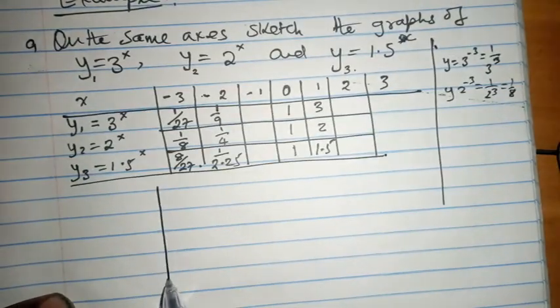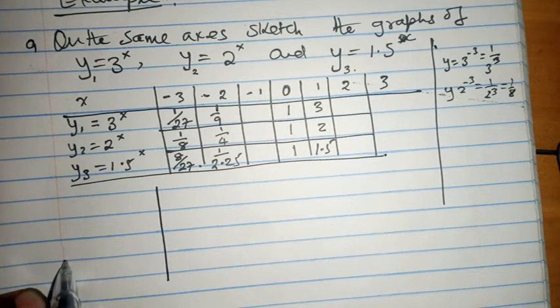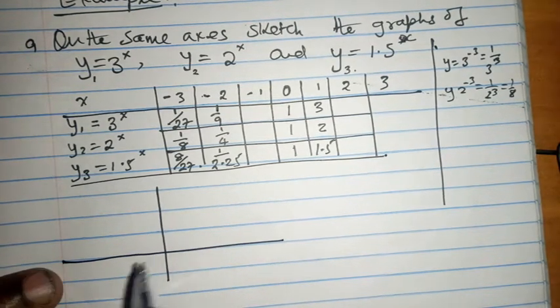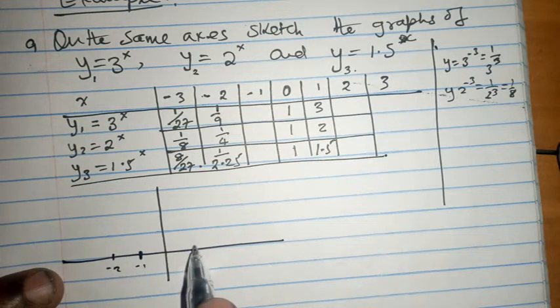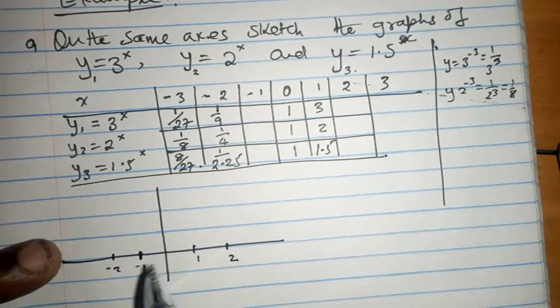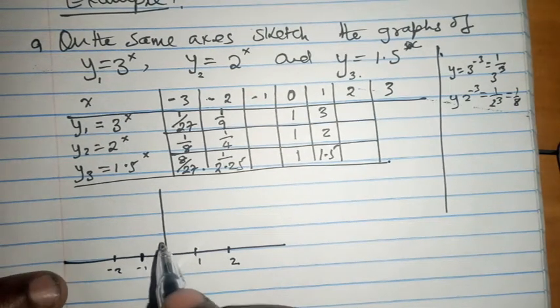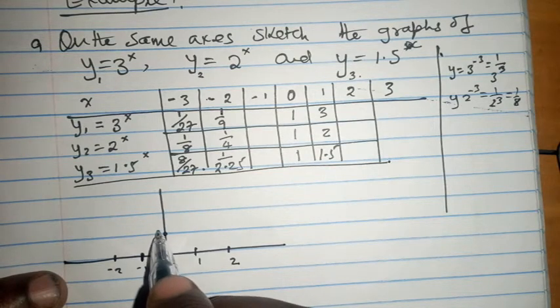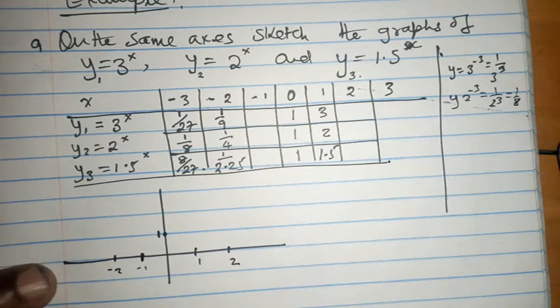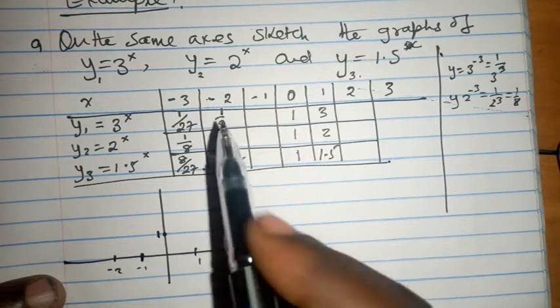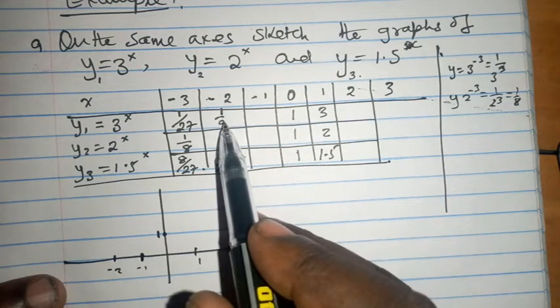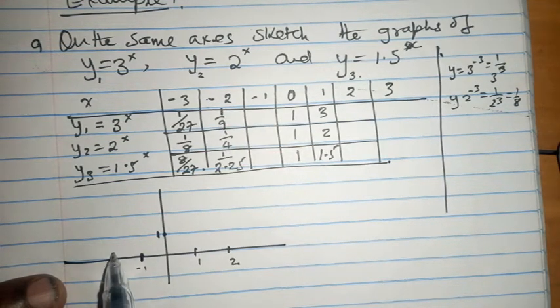I want to probably have something like this. When x is minus 1, minus 2, and 1 and 2, I would consider this to be 0.1. And when x is minus 2, this is 1 over 9, a very small value.